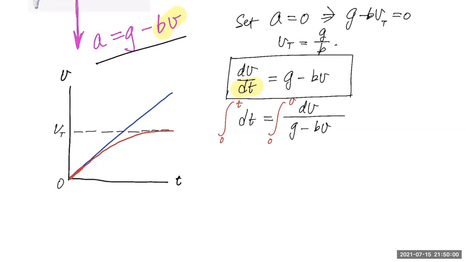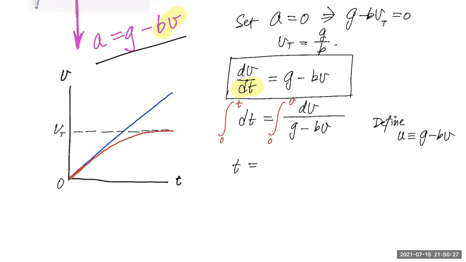The right hand side takes more effort. How do you integrate the right hand side? Well, I trust that you know how to do that, but I can give you a quick review. You can define a variable u as g minus bv.